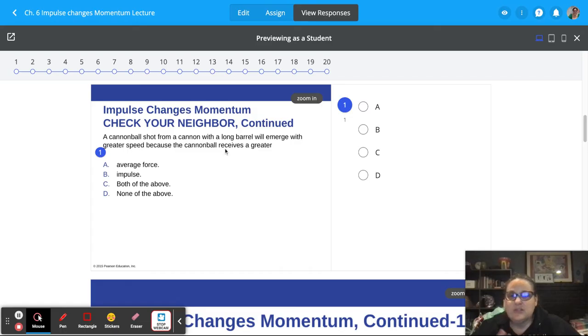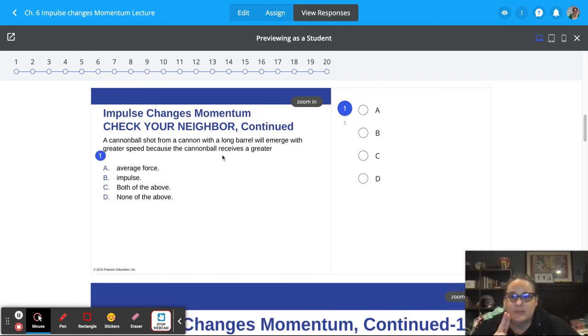As we mentioned above, impulse is force over time, and an impulse causes a change in momentum. So a long cannon will cause the cannonball to gain a greater speed, which is how I said momentum change is most often done, with a change in velocity.